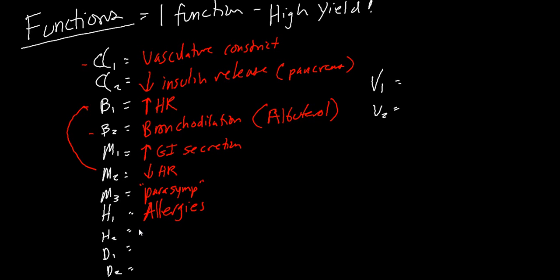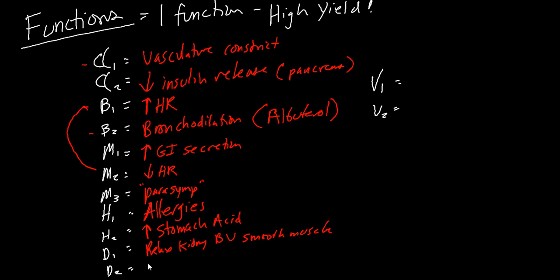Okay, H2, you're going to think increase stomach acid. H2, stomach acid. Dopamine receptors, remember we already covered D1 slightly in the picture of the body, but again, it's going to relax kidney, blood vessel, smooth muscle.